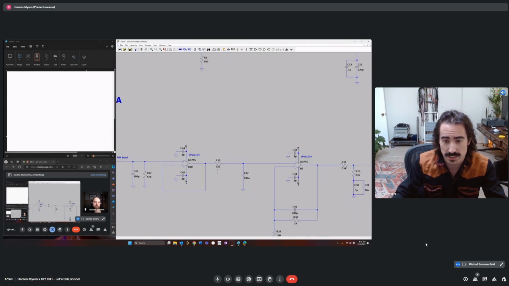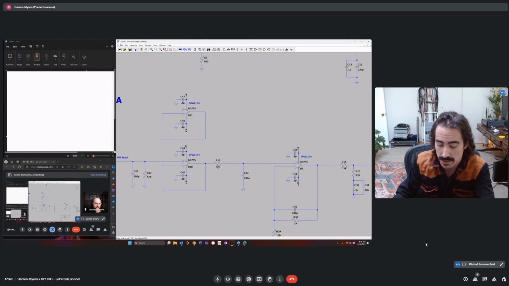What you might be able to do is build their isolation resistance into R19.